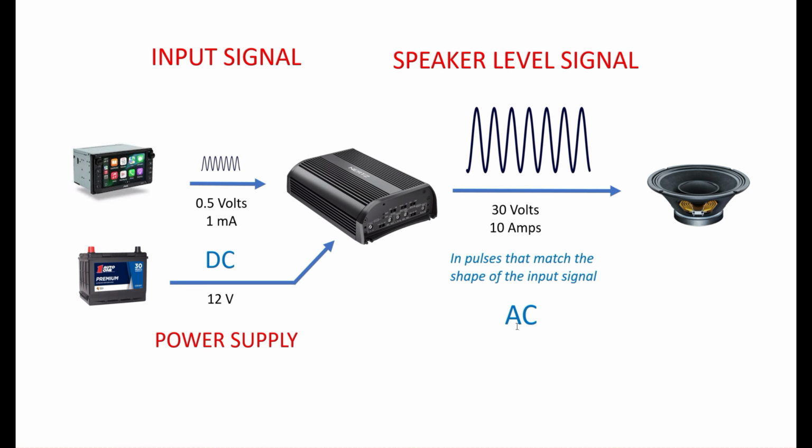This is important because speakers require an alternating current power supply to move in and out. If we just apply a direct current to a speaker, for example, the cone will move out and it won't move back in. An alternating current supply is where the flow of electrical power is in one direction and then it switches and flows in the opposite direction, and it does this 50 to 60 times a second, right?